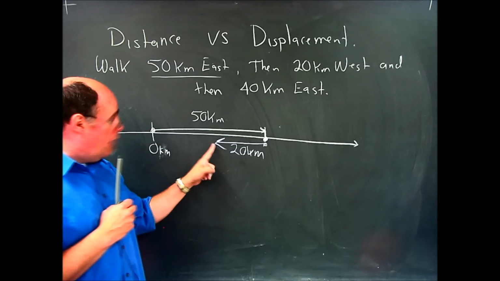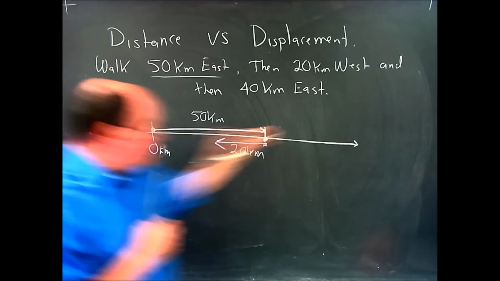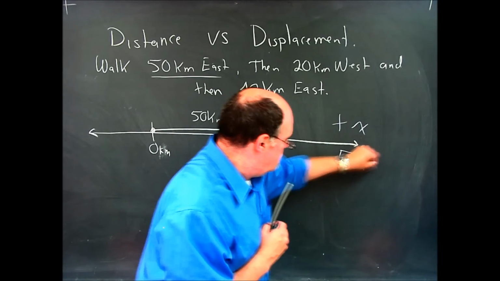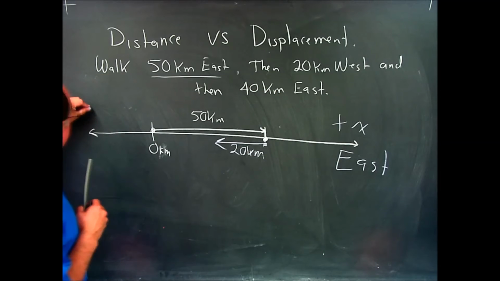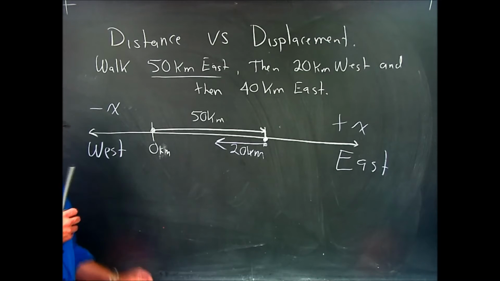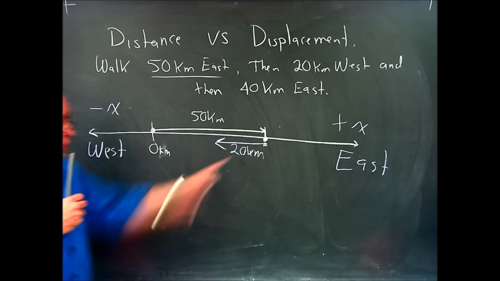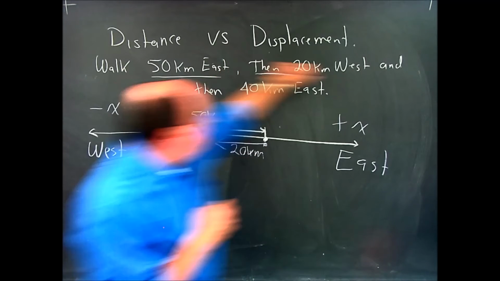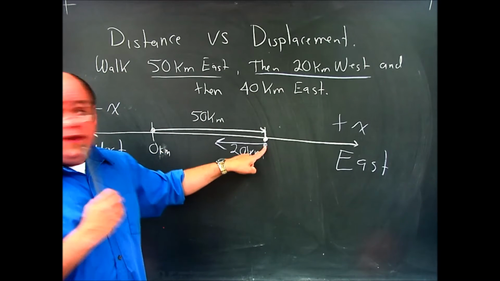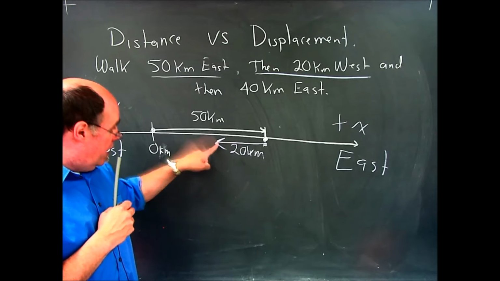The arrowhead is showing me that if you consider going to the right as positive x, or east, then going to the left would be negative x, or west. So now, this is the second part of the journey. They've started at this location, and they're now traveling 20 kilometers to the west, and they're going to end right here.